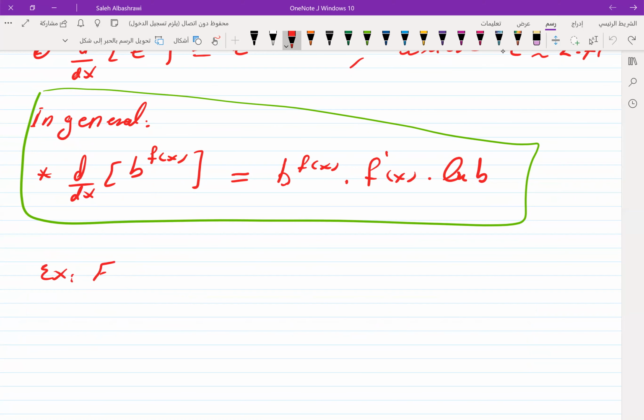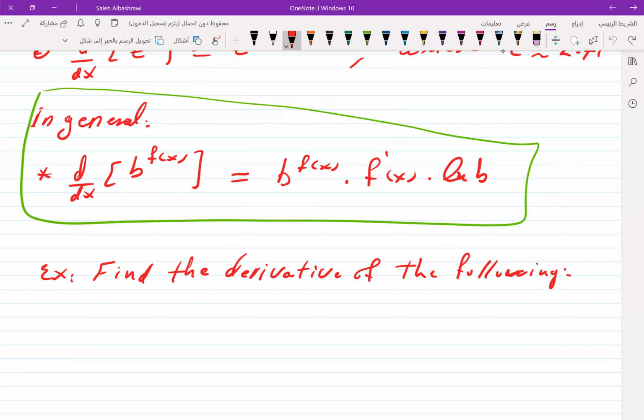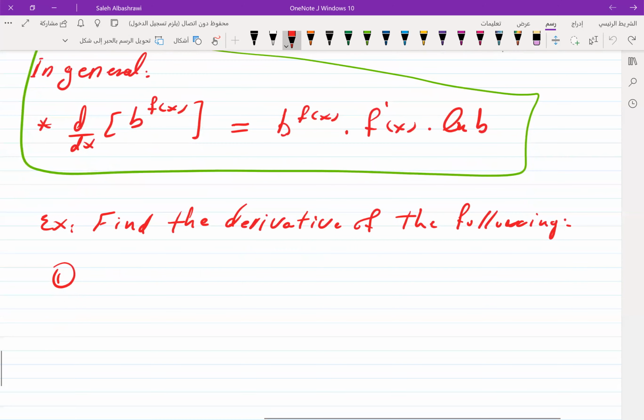Find the derivative. Number one, y equal to 2 to the power 3x. This is an exponential function.